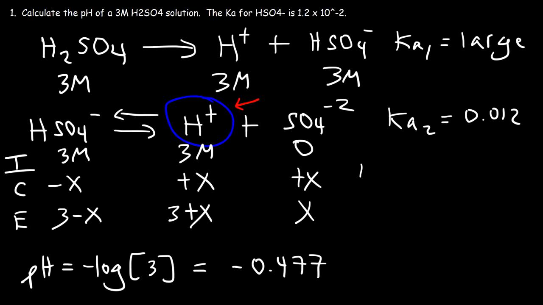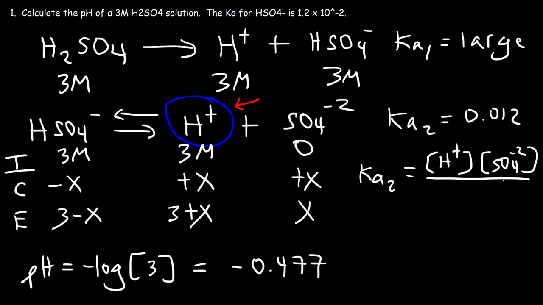So now we can write the Ka2 expression. It's going to be the ratio of the products, H+ times the sulfate ion concentration, divided by the reactant, HSO4 minus.